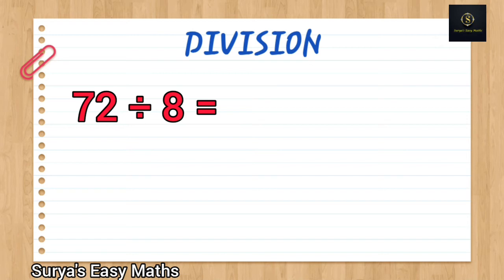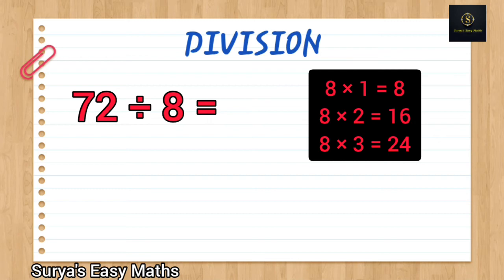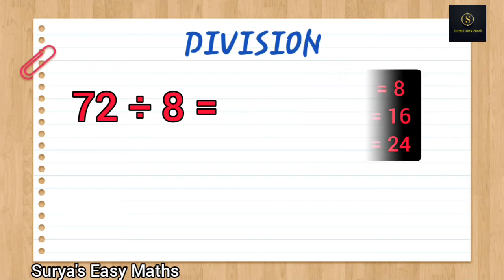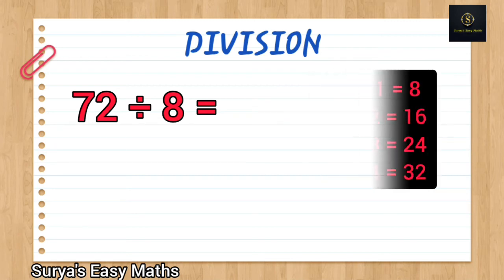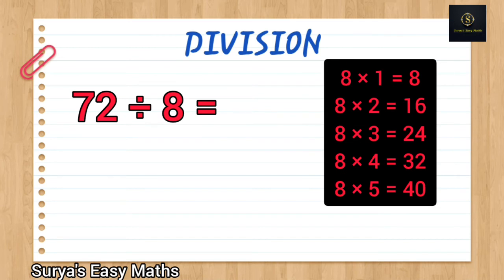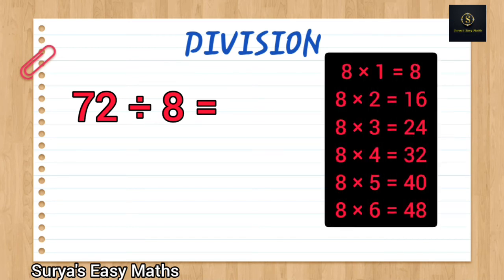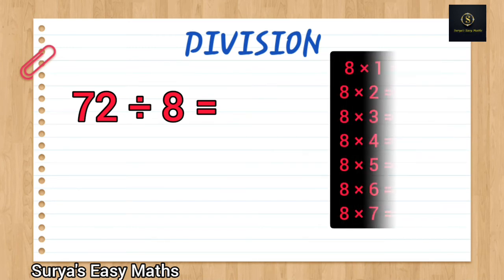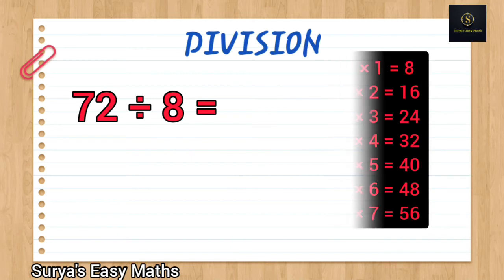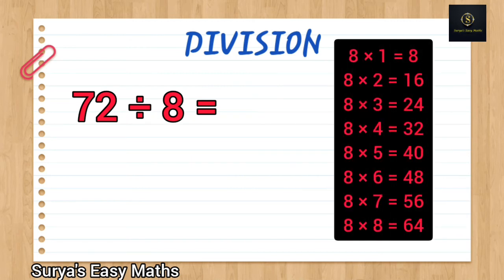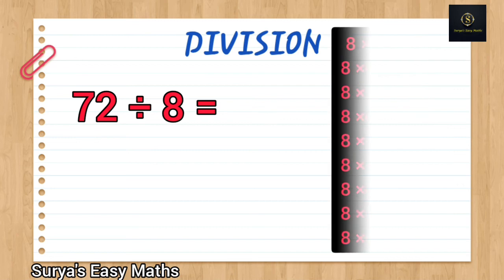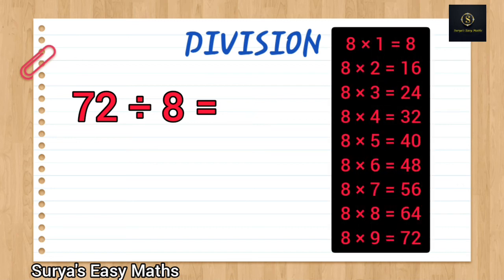So let us recall the table of 8. 8 ones are 8, 8 twos are 16, 8 threes are 24, 8 fours are 32, 8 fives are 40, 8 sixes are 48, 8 sevens are 56, 8 eights are 64, and 8 nines are 72.